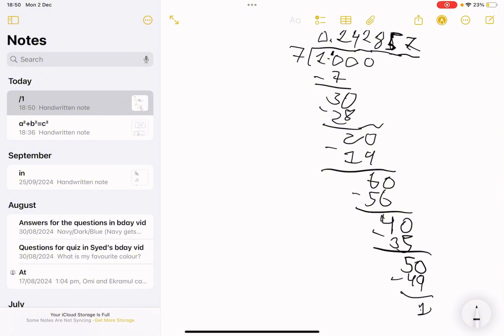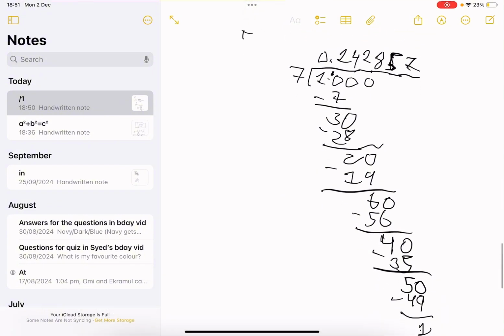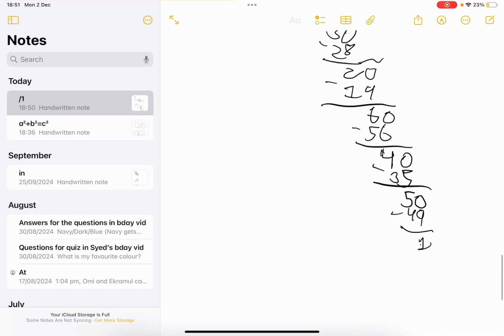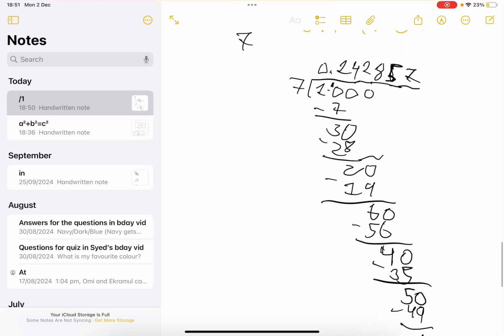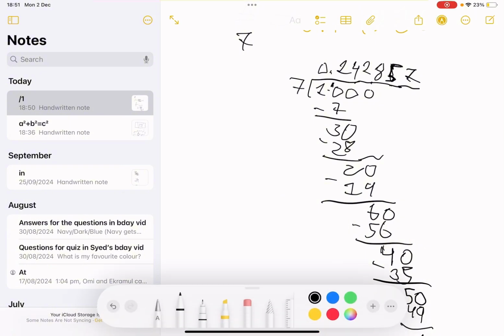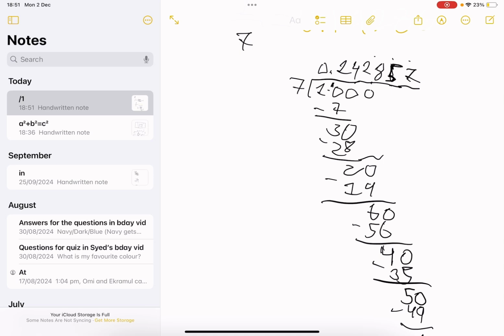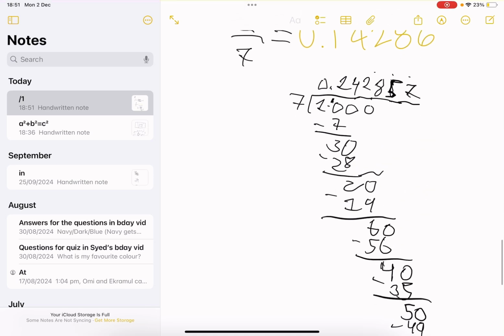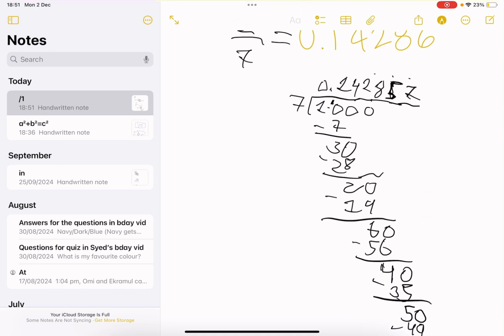And at this point, I think you understand that this is kind of infinite in a way. There are going to be infinite loops. But we don't put a dot on any of these, because this is a different number every time. But eventually, we'd probably reach 1 again.